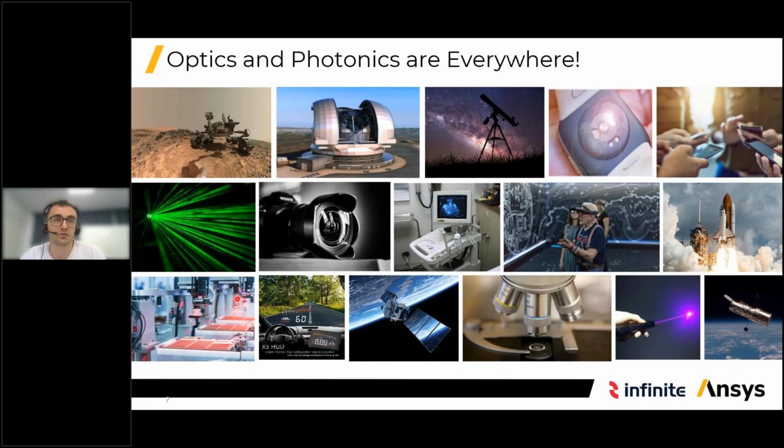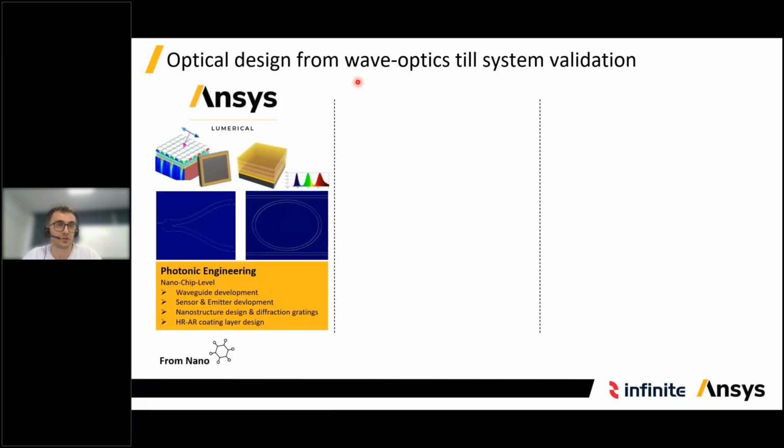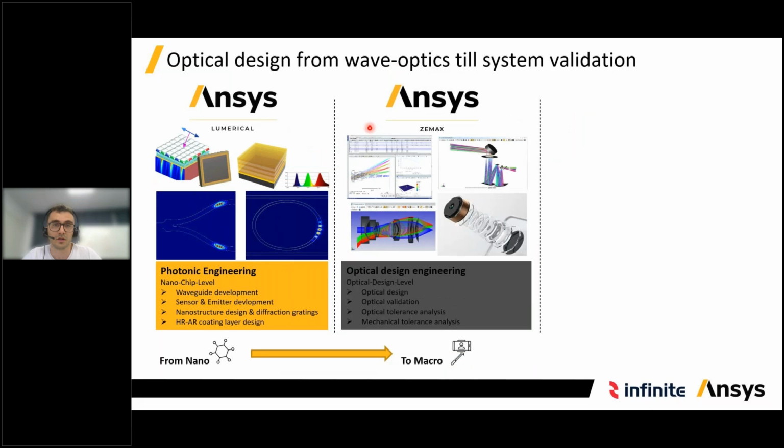And in order to simulate and optimize and design all those devices, Ansys has 3 kinds of software. So first we have Lumerical. Lumerical is the simulator of light in photonic devices. So when we have devices that have about the same size as the wavelength of light, you can use Lumerical. We have Ansys Zemax. That is what we are going to talk about today.